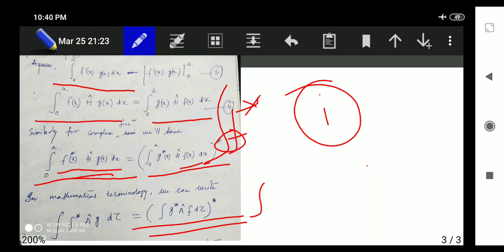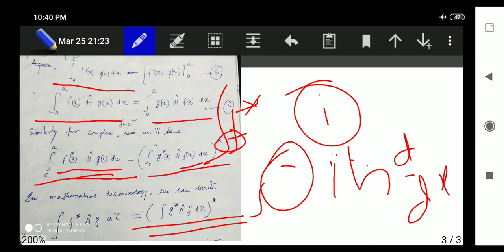The momentum operator is minus i h cross d/dx. If I want to take the conjugate of the momentum operator, it should come like i h cross d/dx. So the minus term will be gone, and if you try yourself, you will see that this minus term will go by itself.